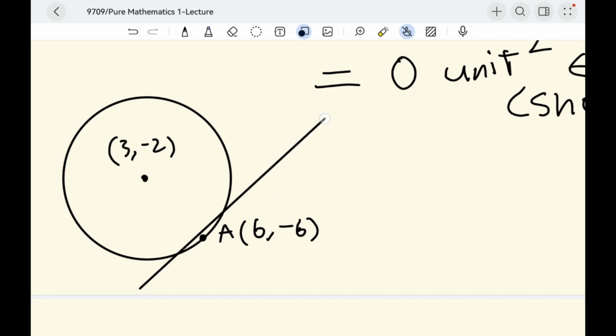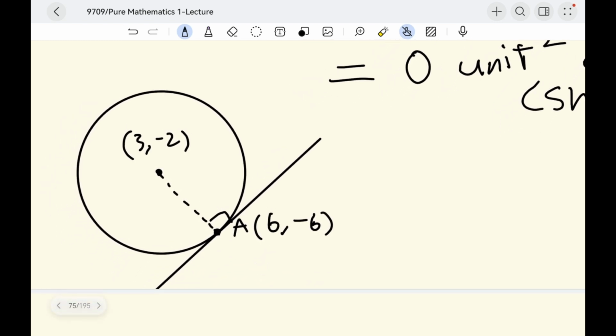I want to look for the equation of the tangent. Yeah, this tangent line. Can you see it? Next, you draw a straight line. Always remember that for a circle, a tangent line intersects the circle at only one point, where the tangent line is always perpendicular to the radius. So that means here you have a right angle.